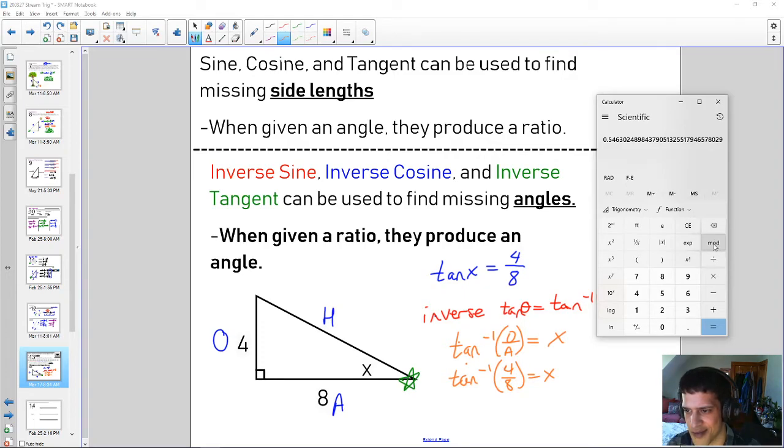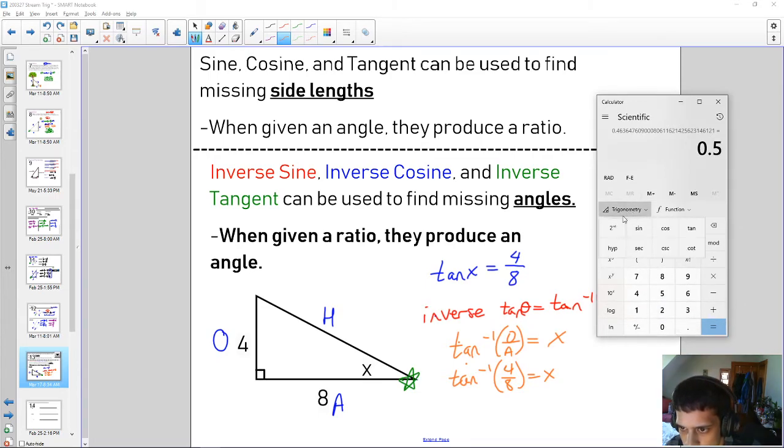So it's second. Let's clear this out. 0.5 second tan. Tan negative 1 of 0.5 is 0.46. Let's put it in degree mode.